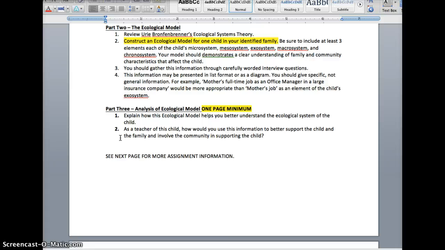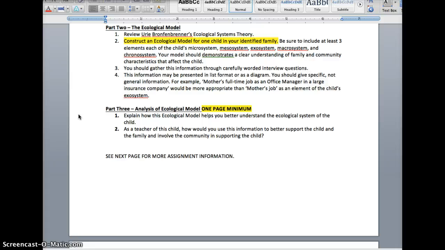But even as the teacher, for example, if you know the part of the child's model included a system that is providing the family financial assistance for food, perhaps you can also assume that if food is scarce, other resources might be scarce as well, and you could make sure that you provide the parent with a list of other resources in the community, perhaps resources that help with the gas bill in winter so the heat can stay on, or resources in the community that help families if they don't have all of the furniture that they need in the household.